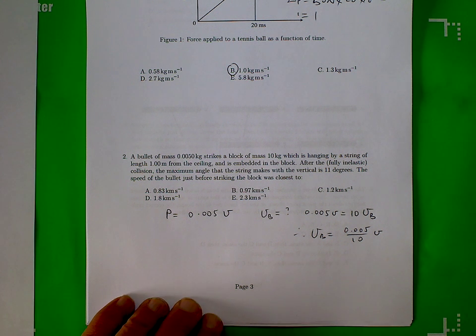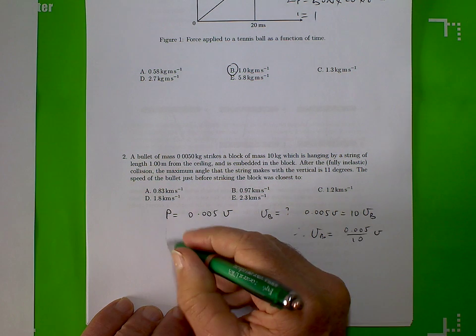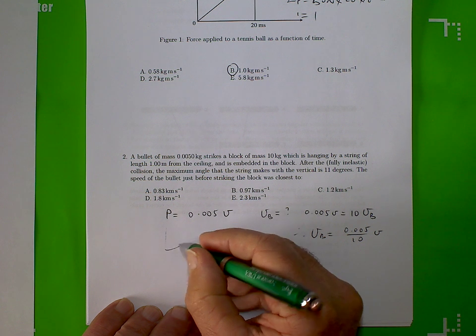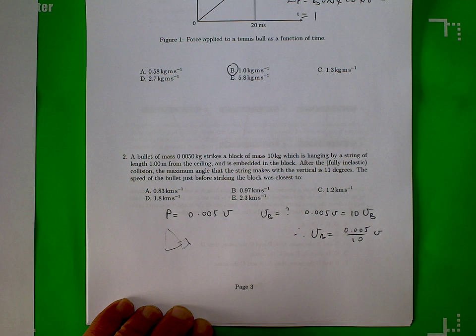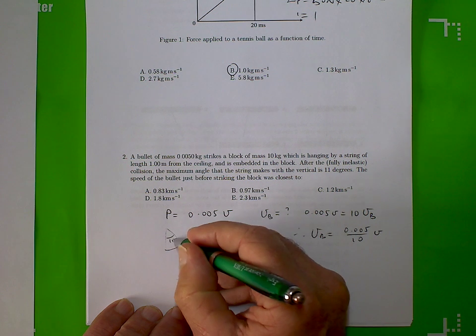Now the block is suspended and it then swings up to reach a particular height. 11 degrees is the angle it makes.